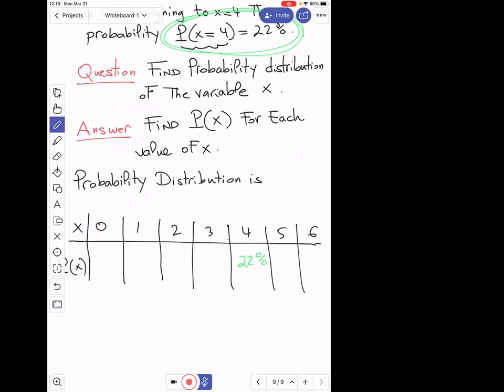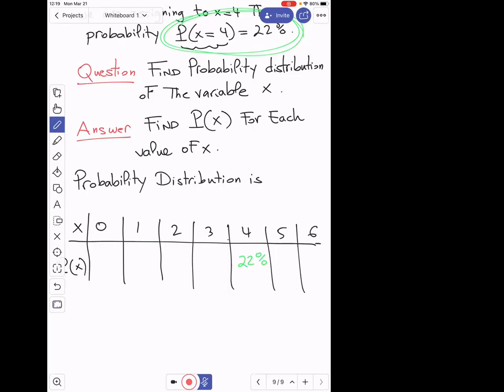Now I need to compute, again, the probability of x for each value of x. That's what we mean by probability distribution: your table where you assign for each value of x the probability of x.